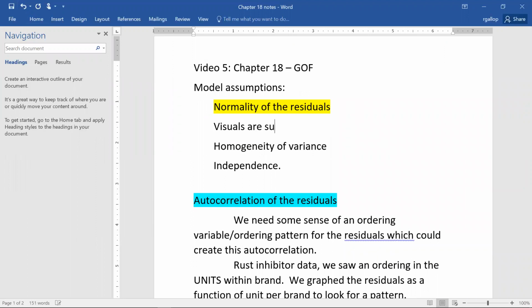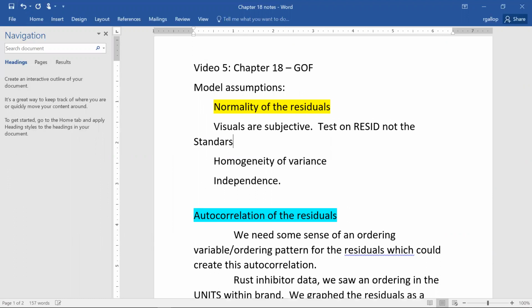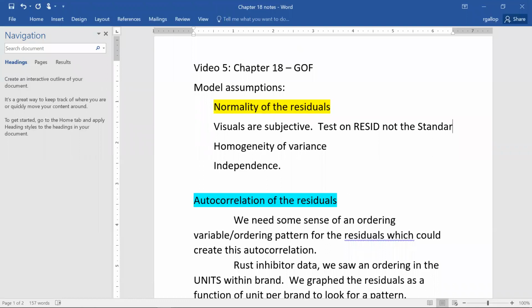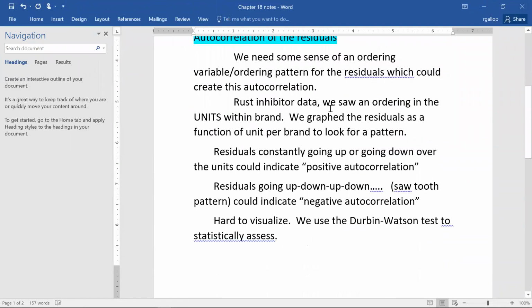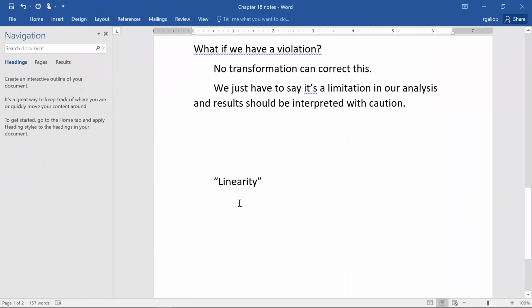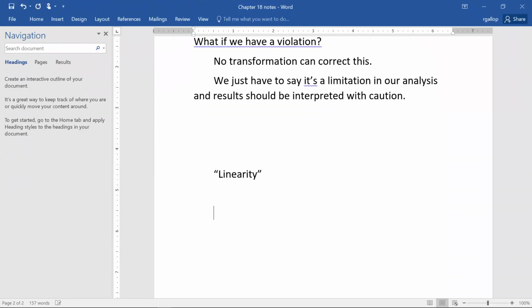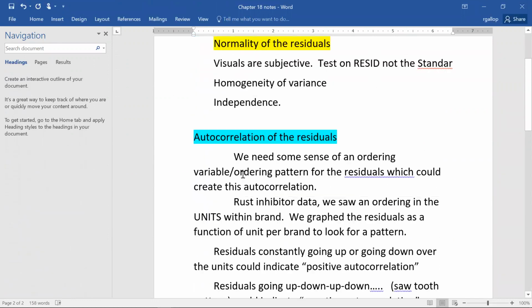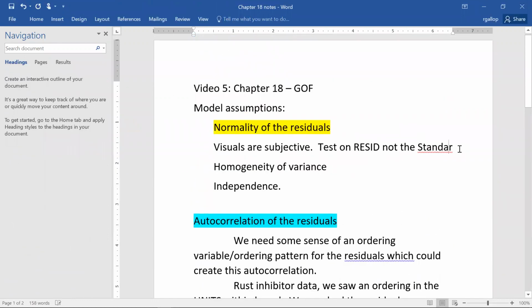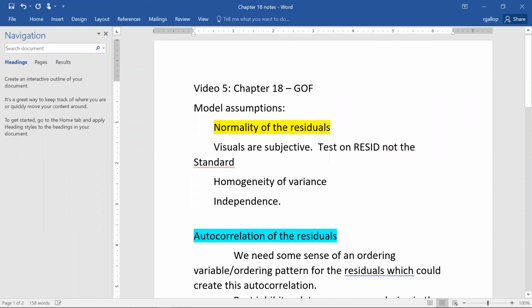Again, the visuals are subjective. So when you're doing the test on the residuals, we'll add this out here, down here. So we're testing on the residuals. Now, test on the resid, not the standardized.